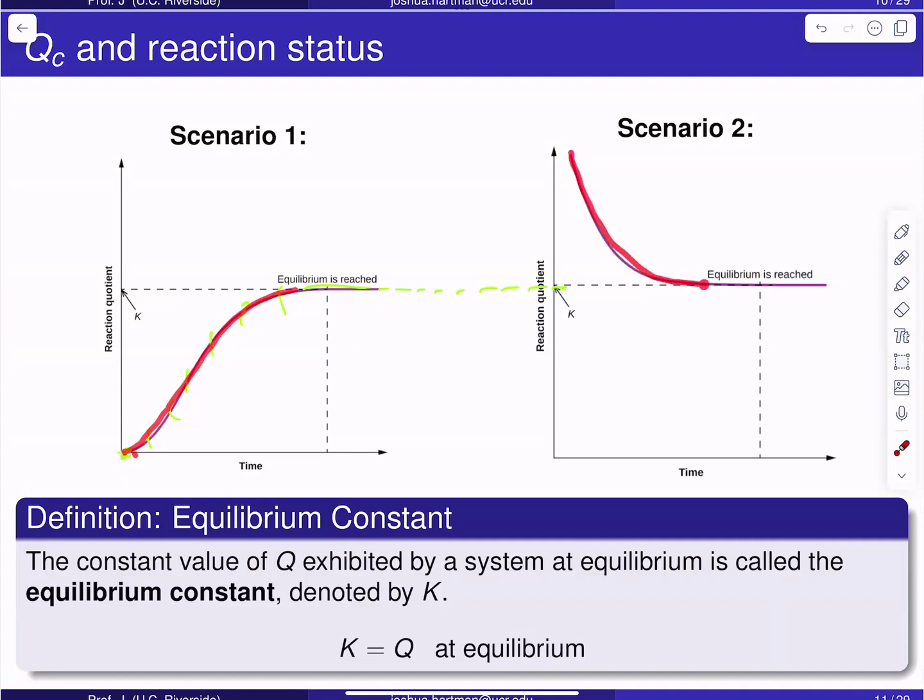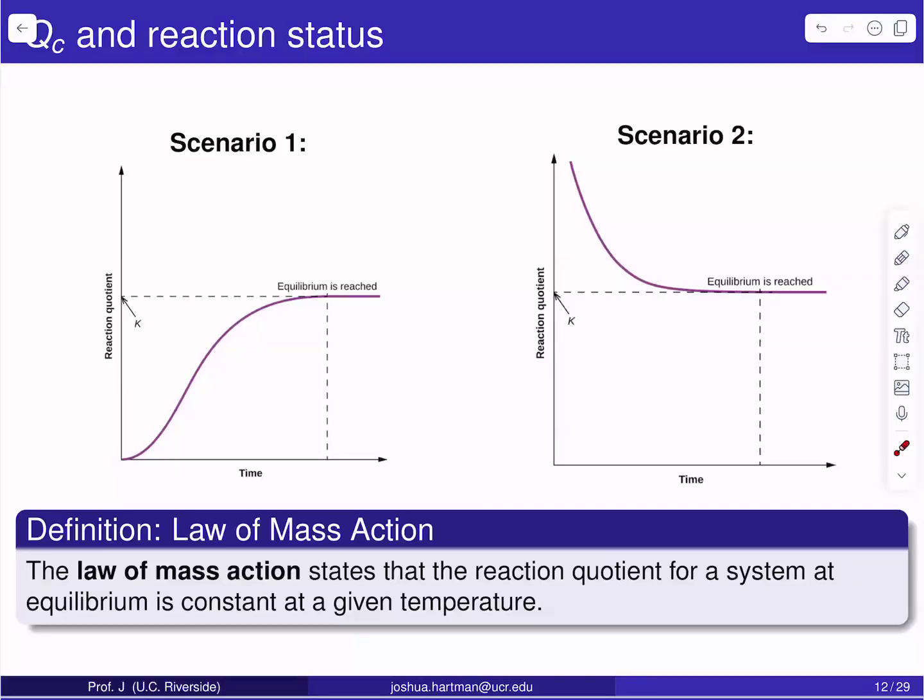Either way, we are coming up or coming down, and we are eventually going to reach this fixed value of K. So K is simply equal to Q at equilibrium. Now I want to highlight here on this plot that the value of K for this given reaction is the same under both scenario 1 and scenario 2.